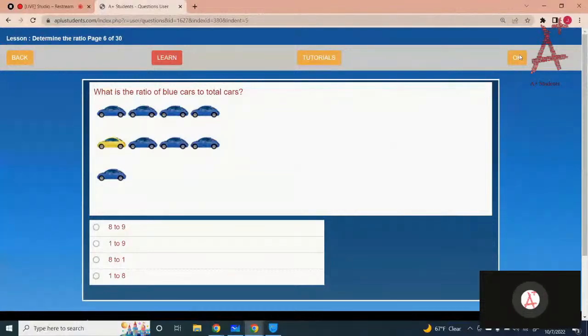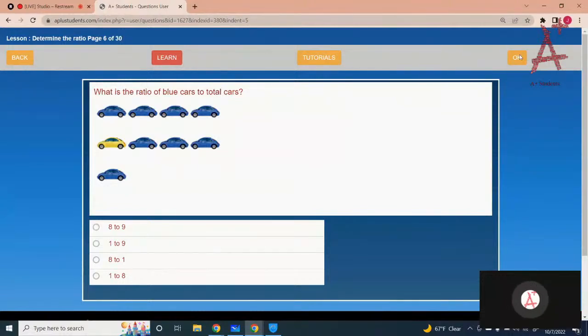Okay, what is the ratio of the blue cars to the total cars? So how many cars are blue? One, two, three, four, five, six, seven, eight. So eight of them are blue, and the total are nine.